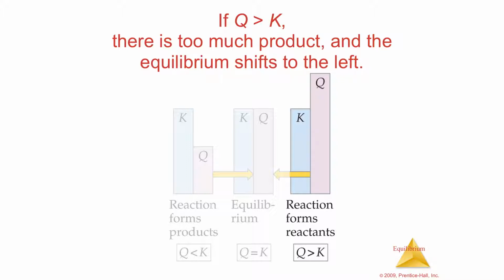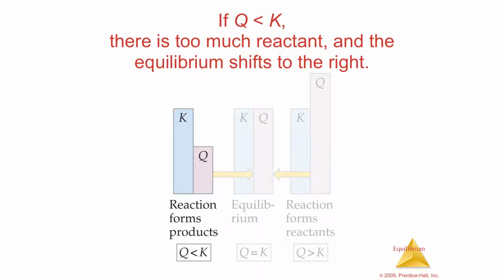I always think of it as K followed by Q, king and queen. If Q is bigger than K, then it must need to go to the left. It's moving from products to reactants. It hasn't reached equilibrium yet, and it's heading towards the left, towards more reactants.